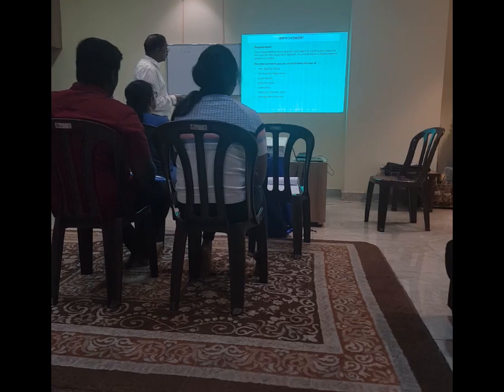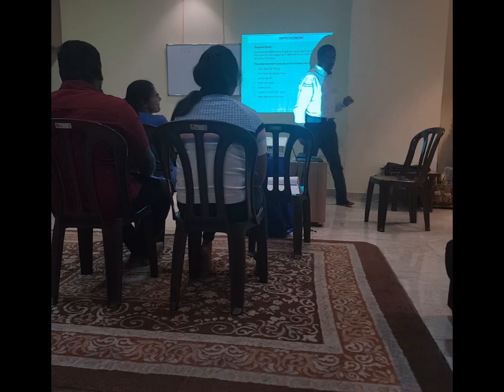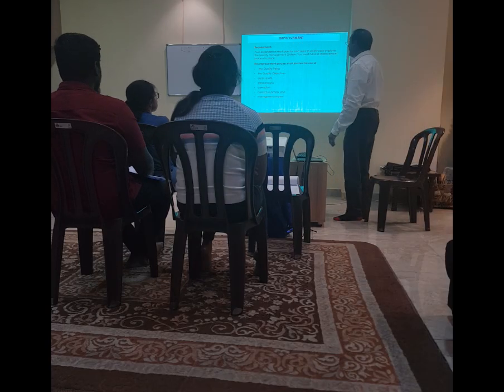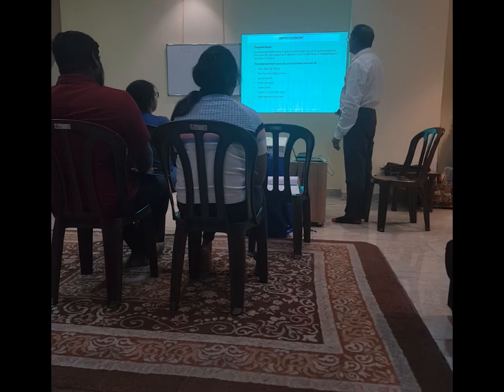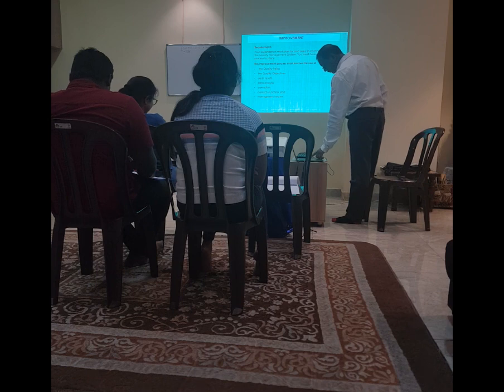So from here you can get continual improvements. From all these steps, policy, objectives, when you go through and then finally to the management review, from here you can get a lot of ideas, input from the people to improve.